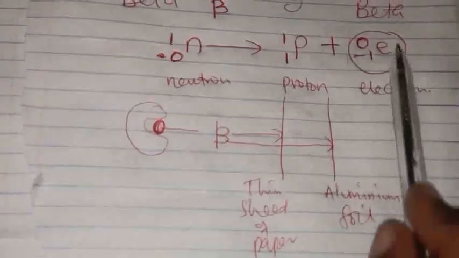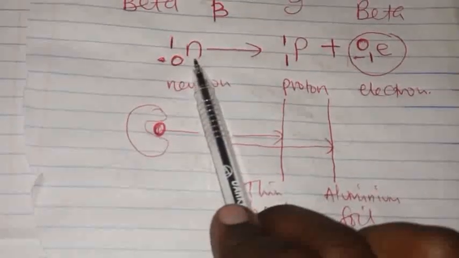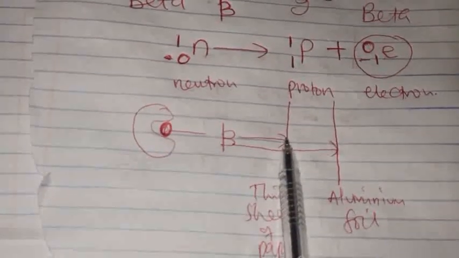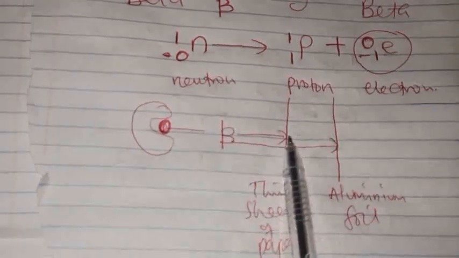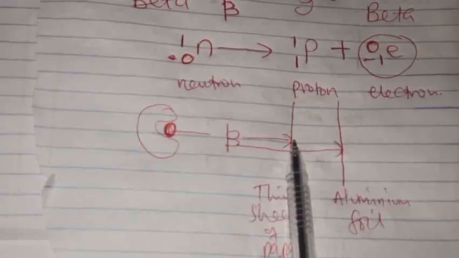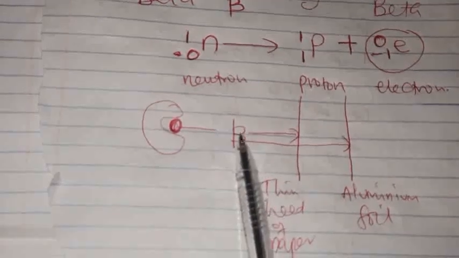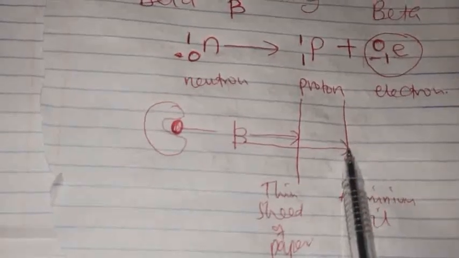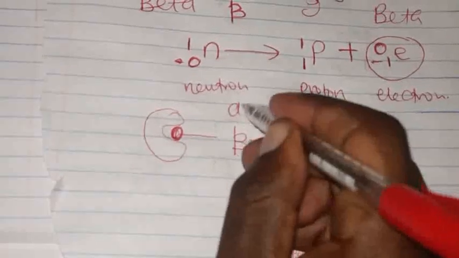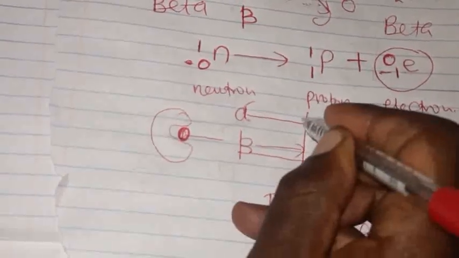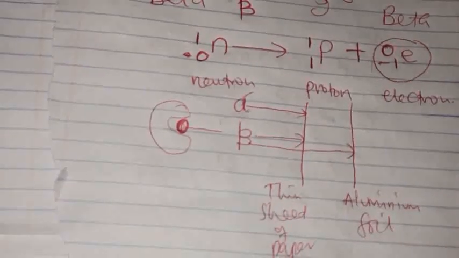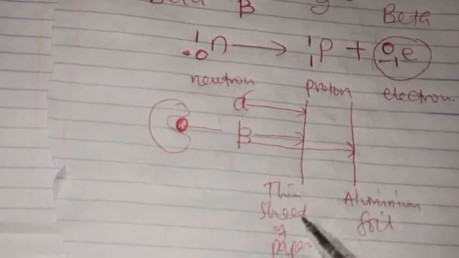So a beta particle, or an electron emitted from the nucleus when a neutron splits, is better in terms of penetration. How? It can pass through a thin sheet of paper that blocks an alpha particle, but can be blocked by an aluminium foil. Remember, an alpha particle gets blocked by this aluminium foil, and that means it can as well be blocked by this thin sheet of paper.